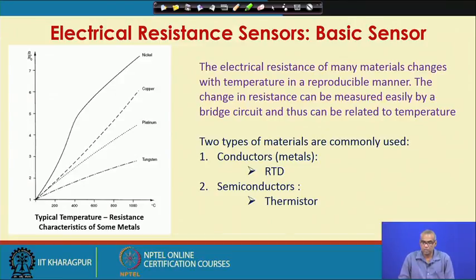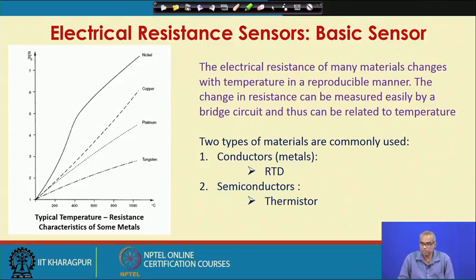So, the variation of electrical resistance with temperature is reproducible for many materials. If we can measure the change in resistance due to change in temperature using, say, a Wheatstone bridge principle, we can relate the change in resistance to change in temperature.